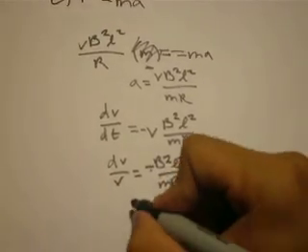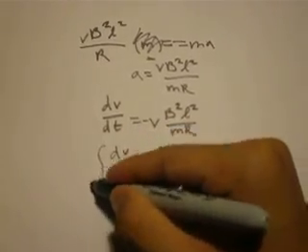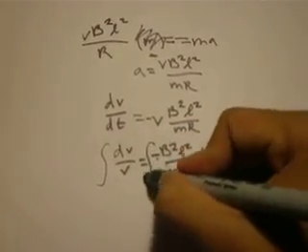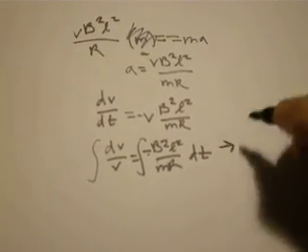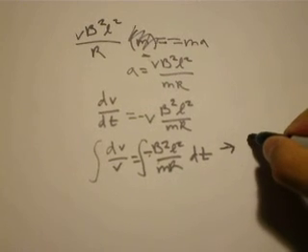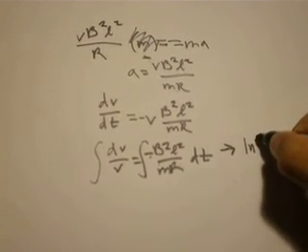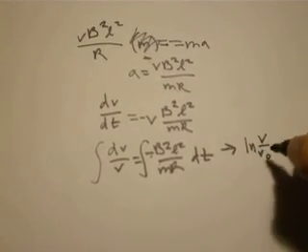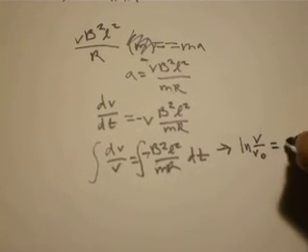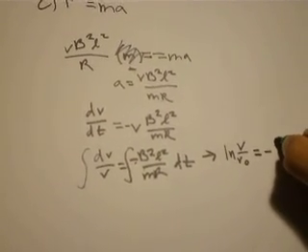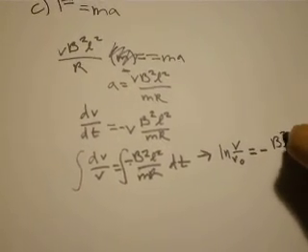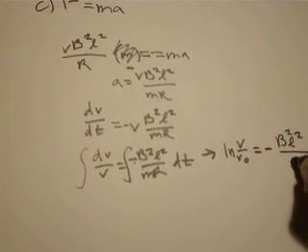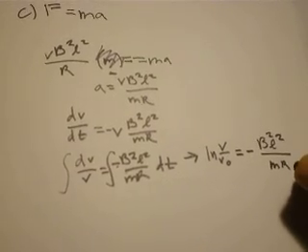So then we integrate both sides and we get that ln of v over v naught equals negative B squared L squared over m R times t.